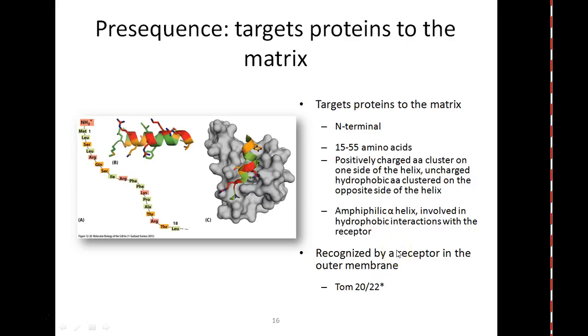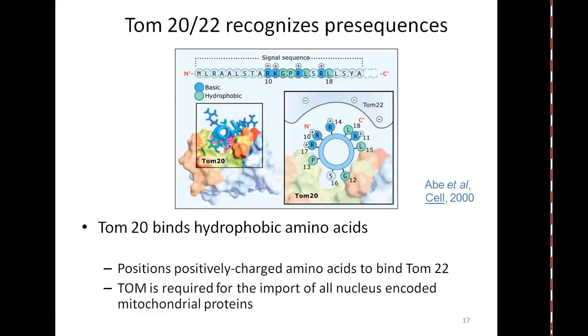And it's a very important sequence because this is the first step when the protein will make physical interactions with the receptors on the surface of the mitochondrion. This figure shows a little bit more detail about this important step.